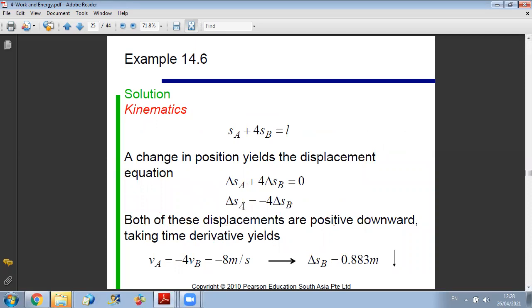So I get delta SA is minus 4 delta SB and VA is minus 4 VB. Then replacing in the principle of work and energy, I can get delta SB.